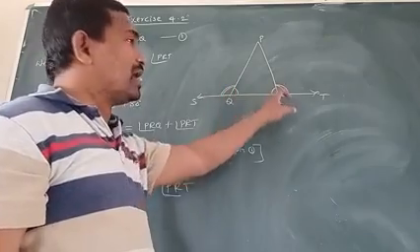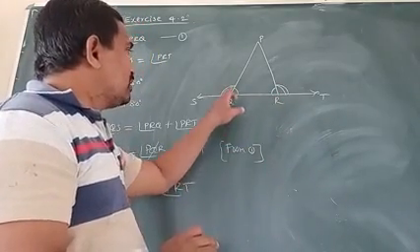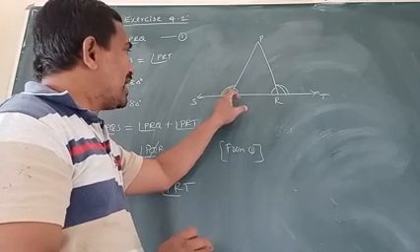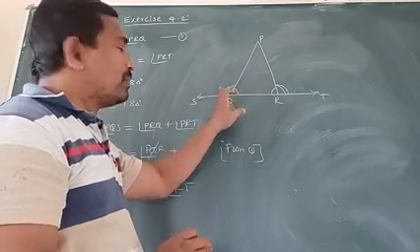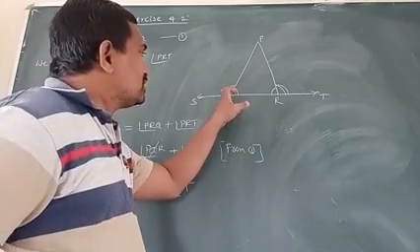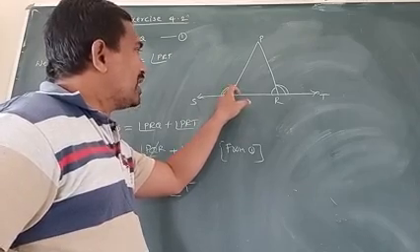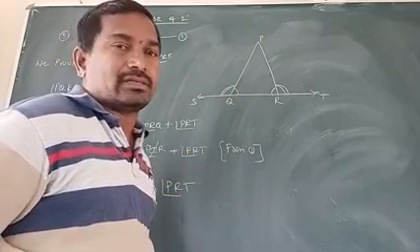To prove this, you can observe these two angles are a linear pair. Yes or no? This is a straight angle. This is a linear pair. So the sum of these two angles is 180 degrees.